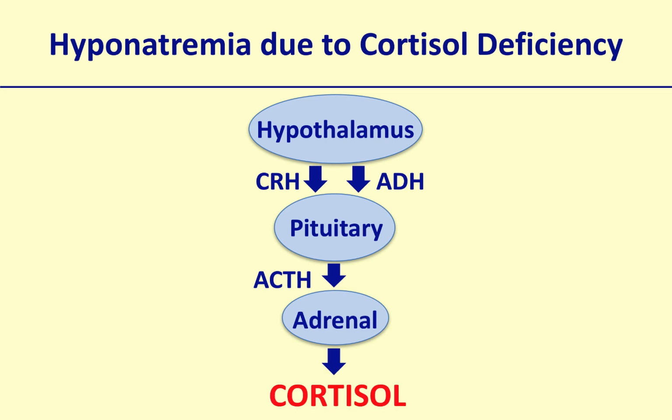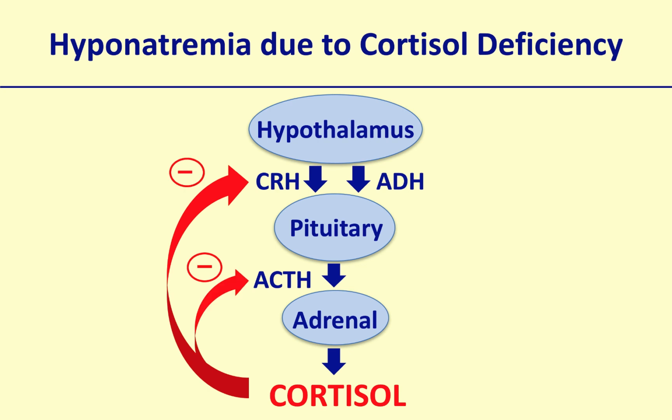It turns out that cortisol inhibits CRH and also inhibits ACTH. It establishes a negative feedback, all right? But also cortisol inhibits ADH production by the hypothalamus. So when you have cortisol deficiency, then ADH is uninhibited and it will be produced in larger amounts, causing hyponatremia.